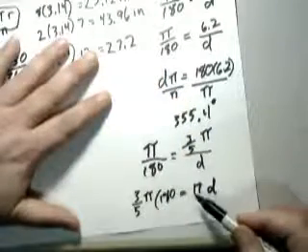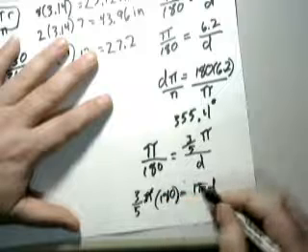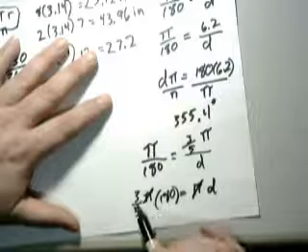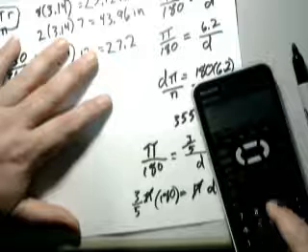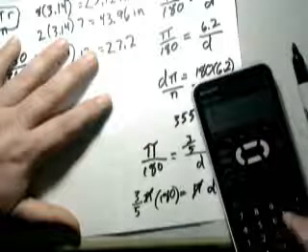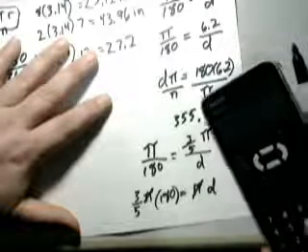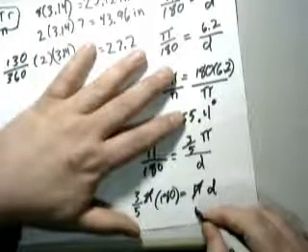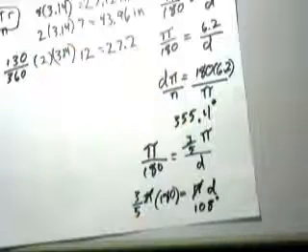You'll see that there's a pi on both sides, so I can just cancel them out like that. And the answer is going to be 3/5 times 180. So that is 108 degrees.